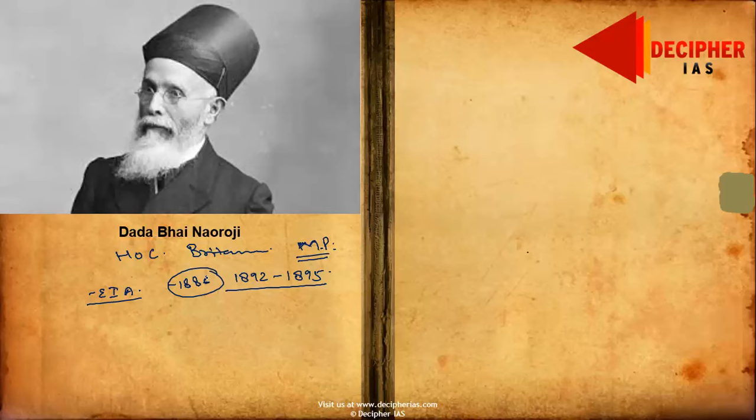Dadabhai Naoroji became the Indian representative in the Socialist Second International at their 1905 Congress in Amsterdam.